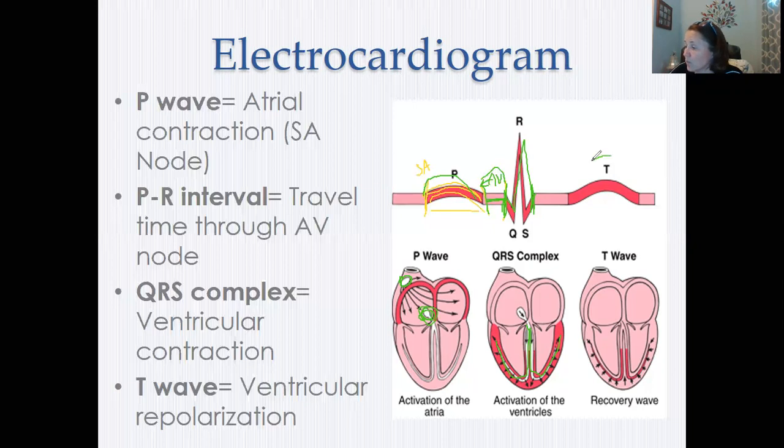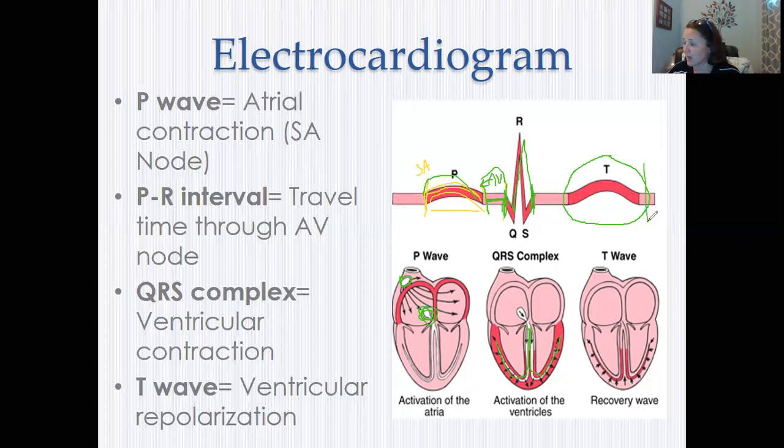Last up with our T wave. Our T wave is going to represent the recovery phase or repolarization, which is those cells returning to their more relaxed state. So your T wave is representing that repolarization and your cells returning to the relaxed state.